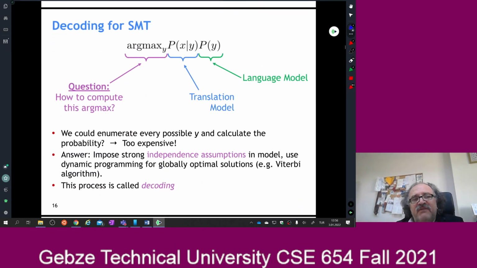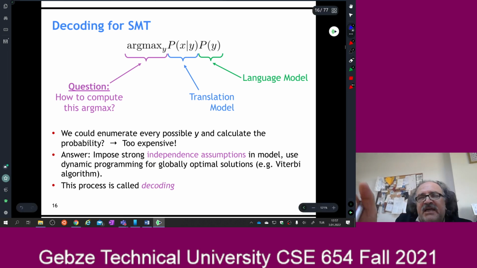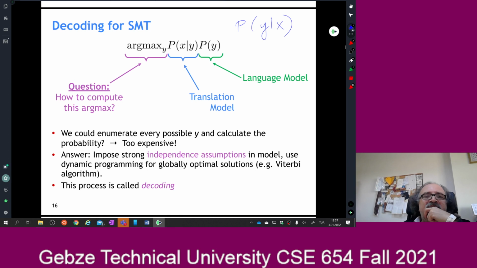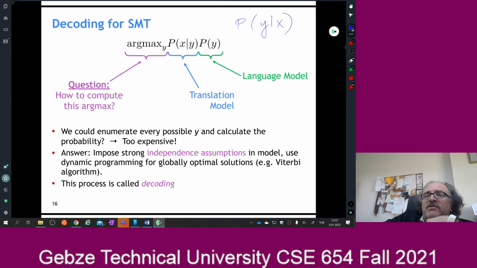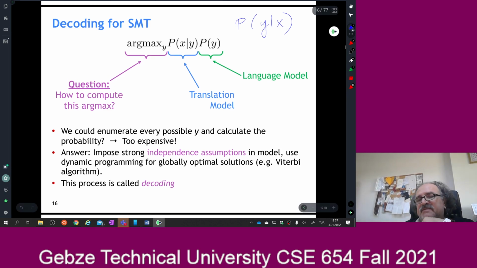So even if you solve that problem, calculating, let's say I know this one: given the French sentence, give me the probability for the corresponding English sentence.